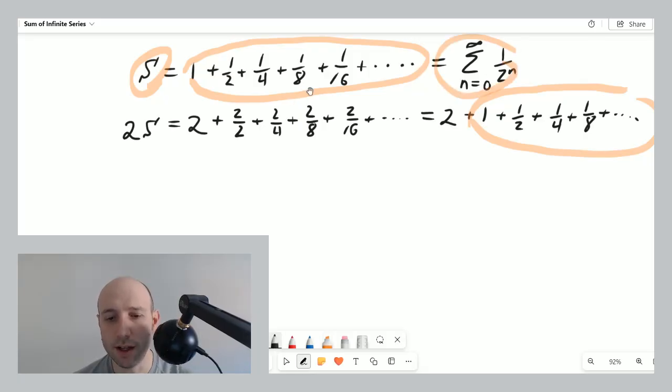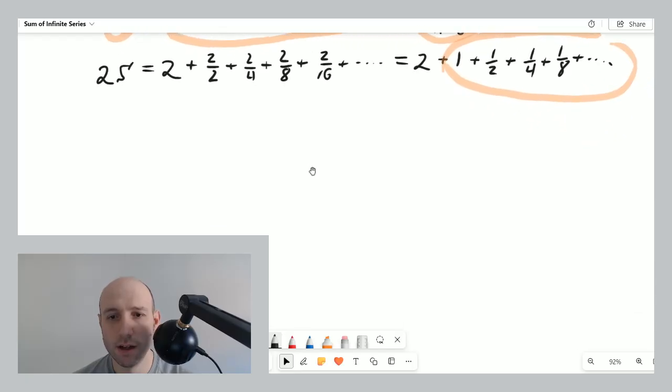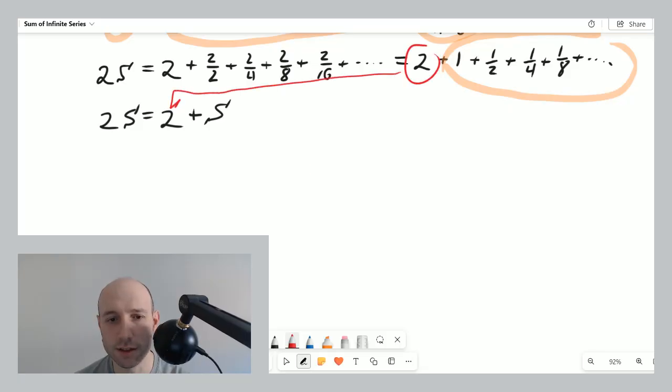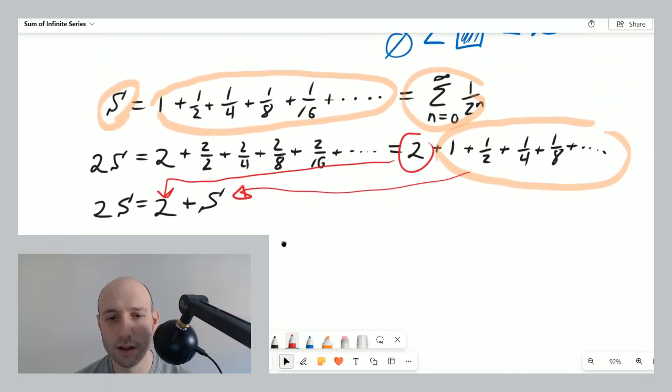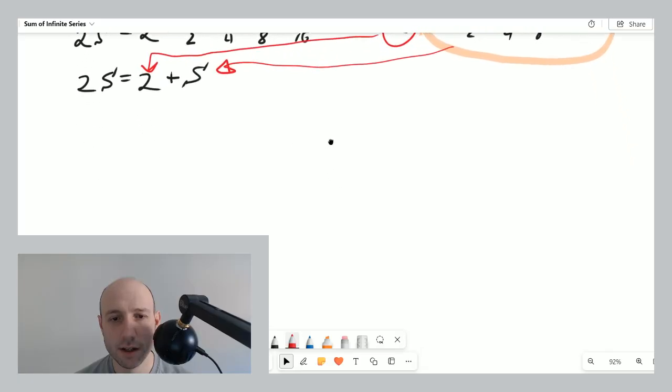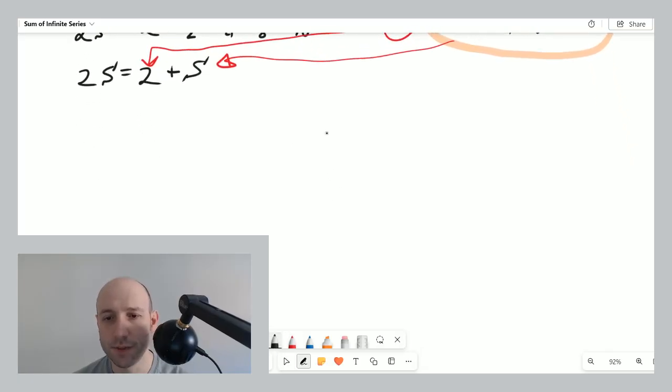So what we have then is that 2S equals 2 plus S, right? That's this 2 right here, is this 2 right here, and this right here is S. So what we have then is 2S equals 2 plus S. Bring this S to the other side.